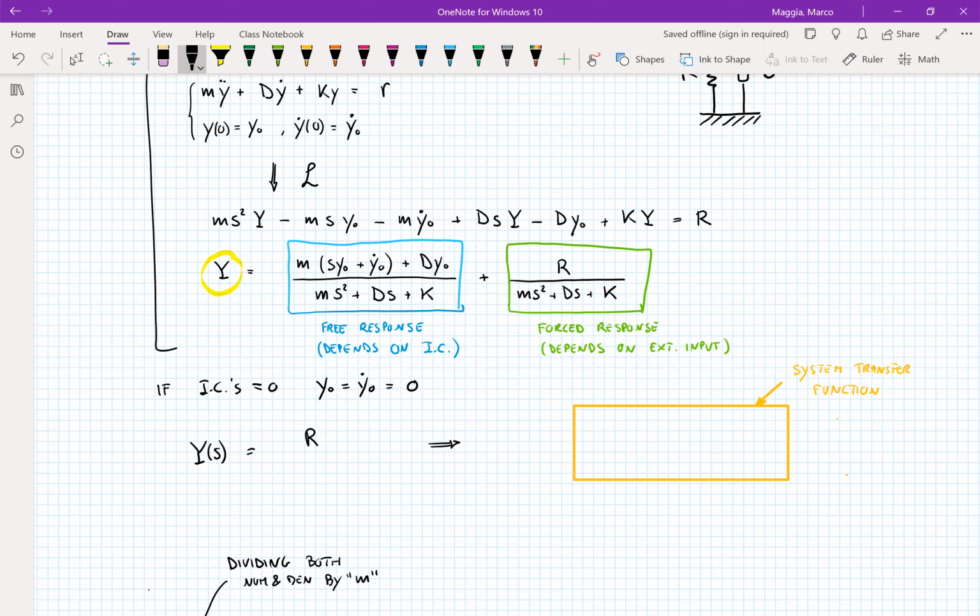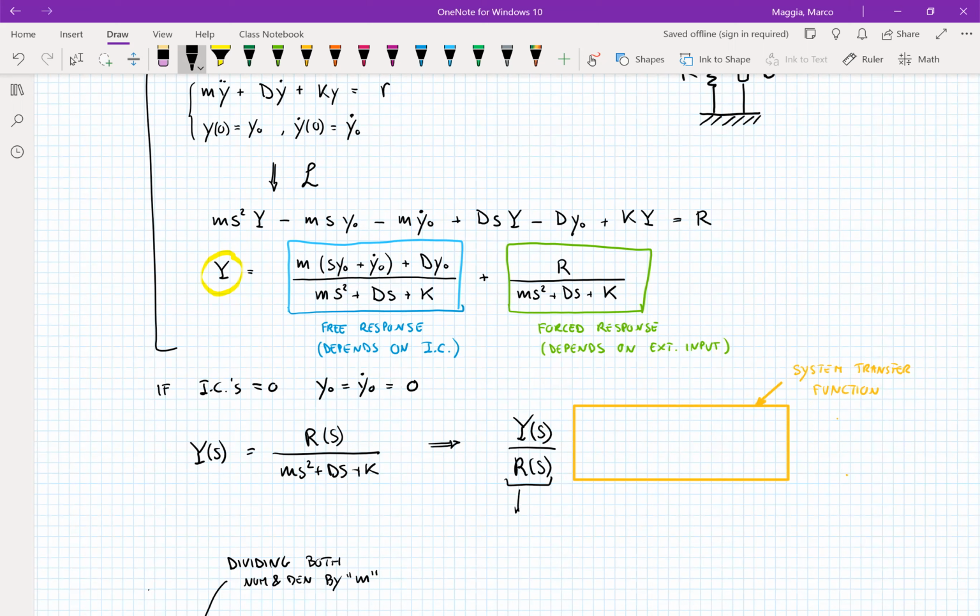That is equal to the input over ms squared plus ds plus k. Now you can see that it's very easy to take the ratio between the output over the input. So in other words, we want y of s over r of s.